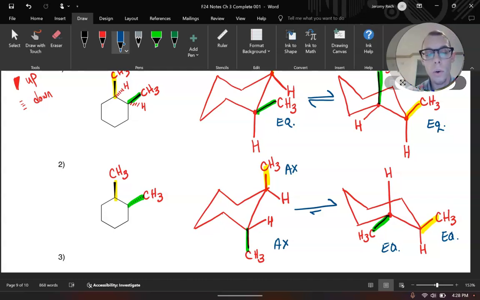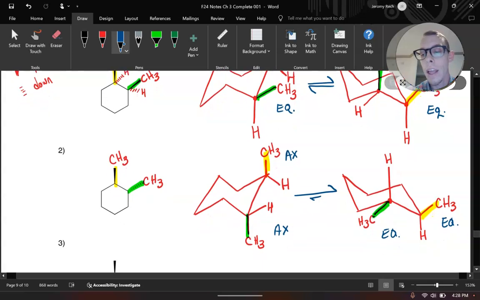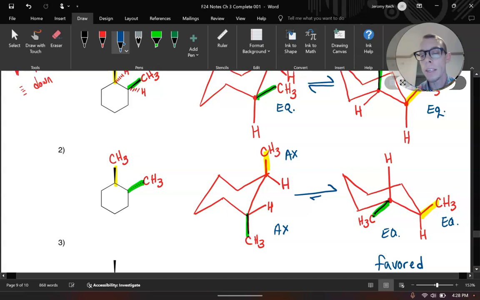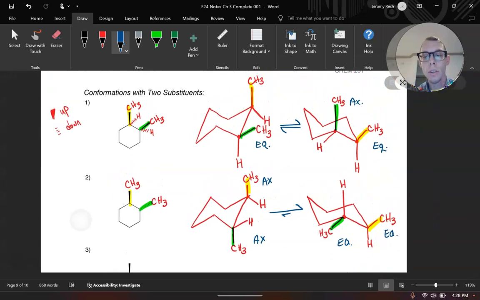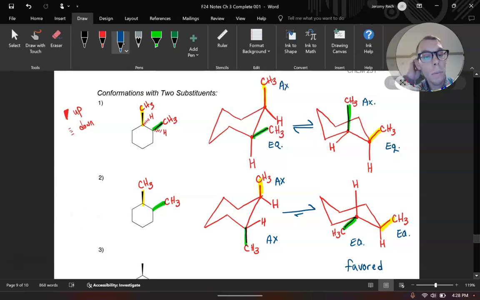This shows that these are not going to be even, and I'm going to favor my one that is both equatorial. And here you'll see that these two structures look remarkably the same. The only thing that changed was I moved one wedge to a dash, but I have a very different chair conformation.